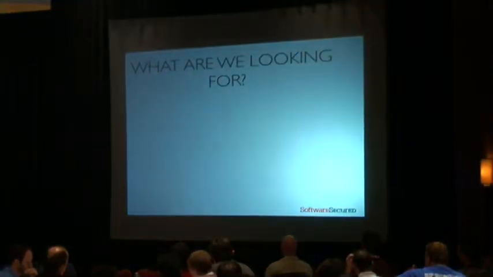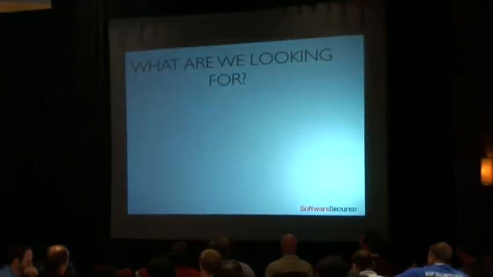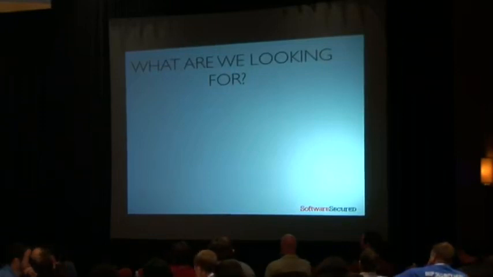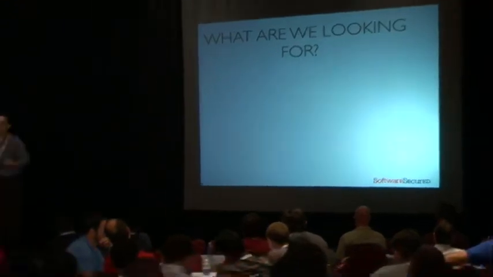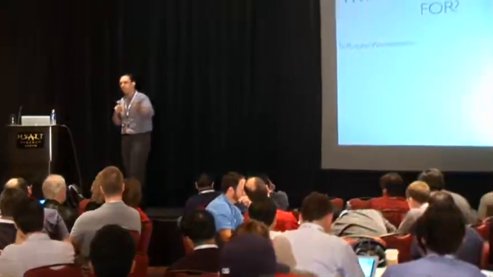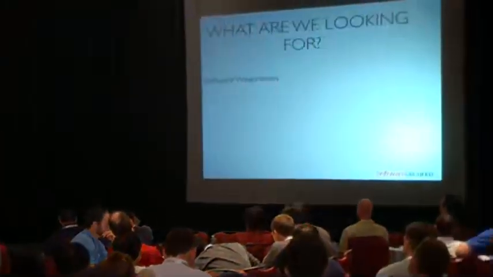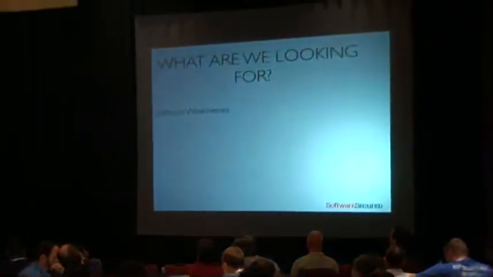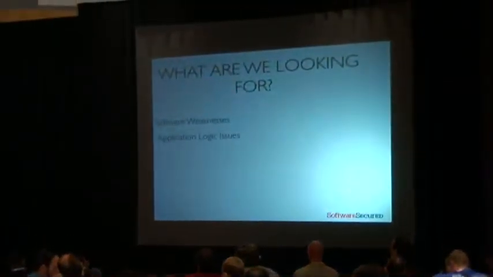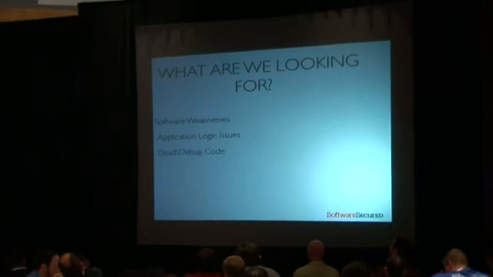So what do we do in order to prevent attackers from finding those small holes in the application walls? Security code review is a process that looks for software weaknesses, things like SQL injections, cross-site scripting, cross-site request forgery, insecure authentication, authorization, all those software weaknesses. It looks for application logic issues, and dead and debug code.